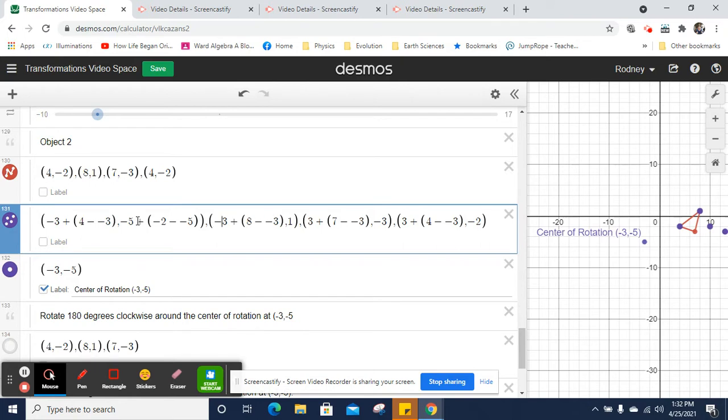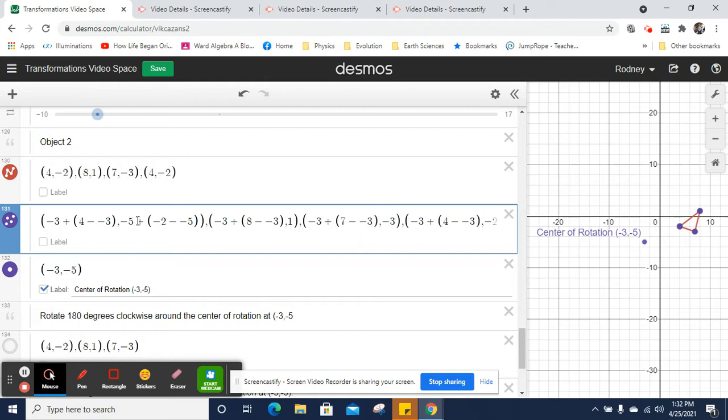Now I'm going to fix some more stuff. -3 plus 8 minus -3, and -3 plus 7 minus -3. And that should be a -3. Now it's in the right position. There we go. Okay, so I've got them all in the right place.